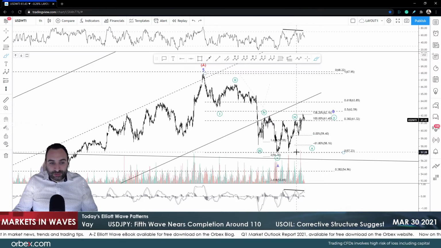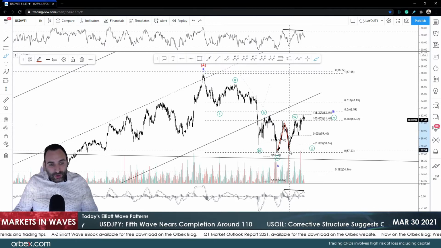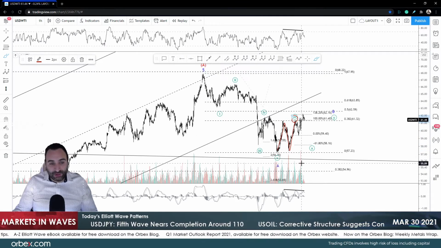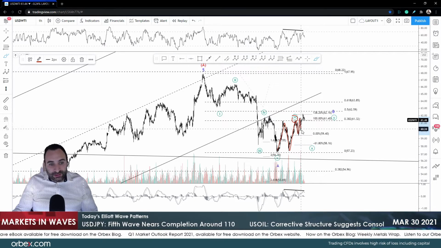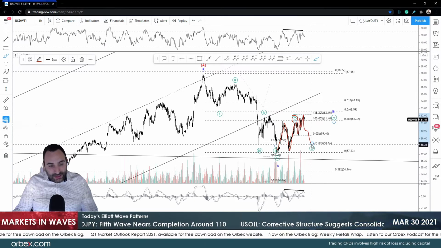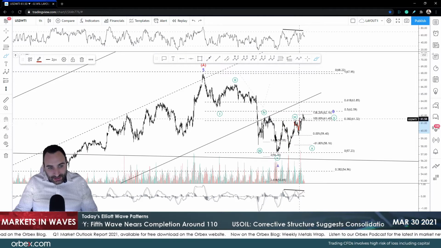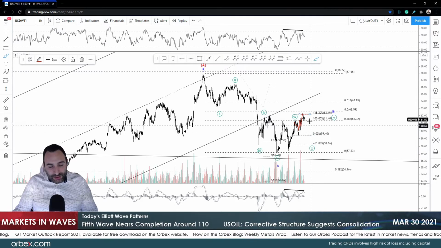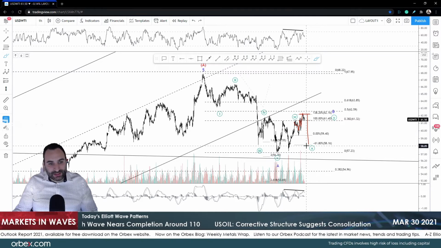Now it looks to me, despite the fact that I still don't like the structure, that the only possible explanation is this is an ABC, like a regular flat, yeah? This is an A, we're going to get a B and a C, and that is going to be an expanded flat, because look at this, you've got ABC, ABC, we came at 38.2 Fibonacci extension, and then we can go down to 58.16, yeah?